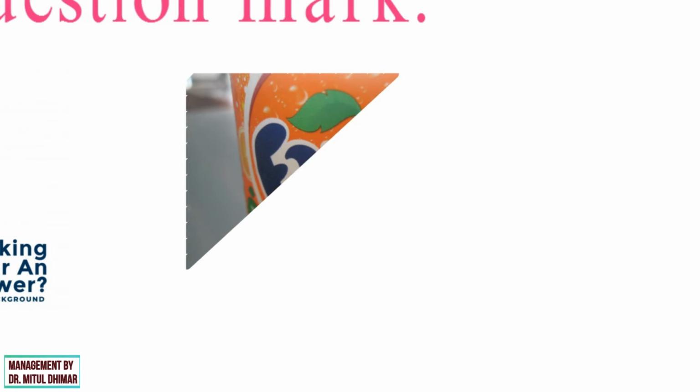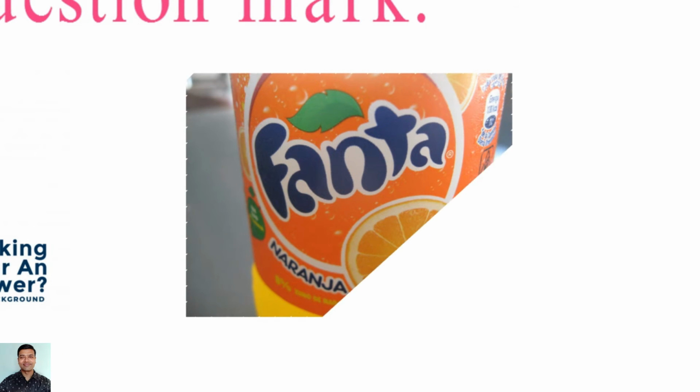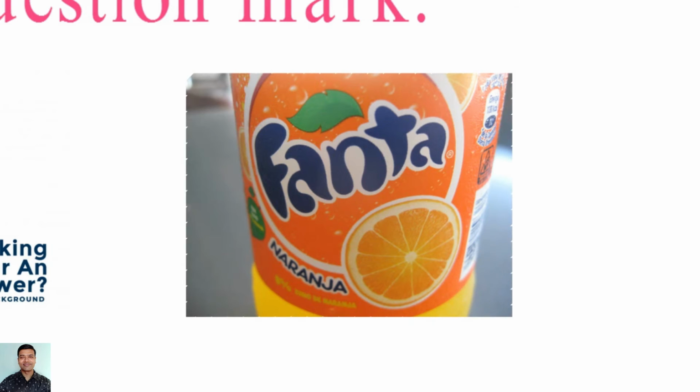Fanta, a Coca-Cola product, is an example in which business units can be seen as a question mark, as the brand has not been able to gain widespread popularity similar to Coca-Cola.